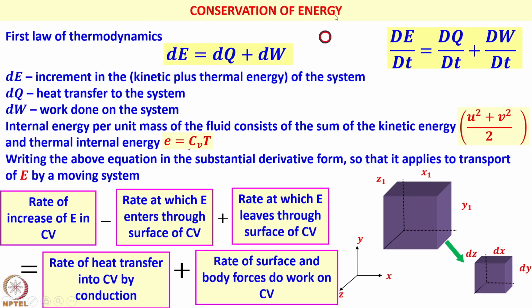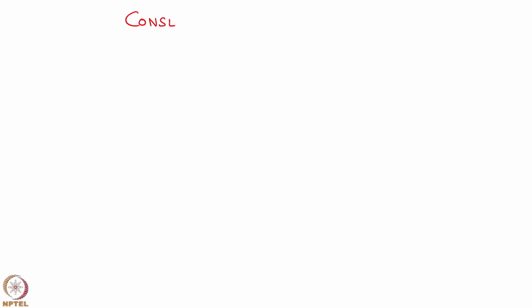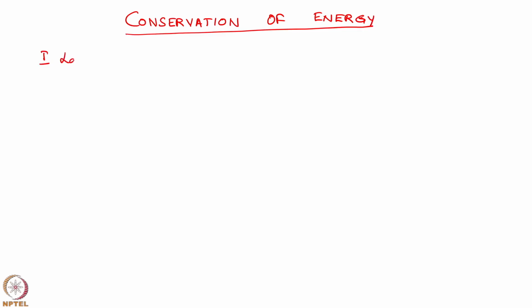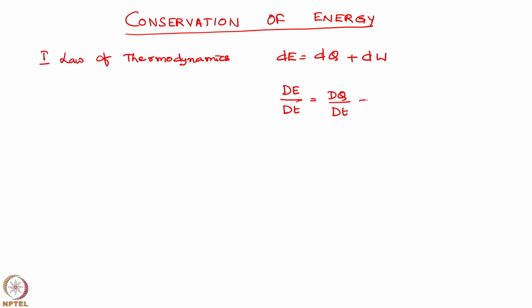From the first law of thermodynamics, you have dE equal to dQ plus dW. If you take the total derivative, you get dE by dt equal to dQ by dt plus dW by dt.